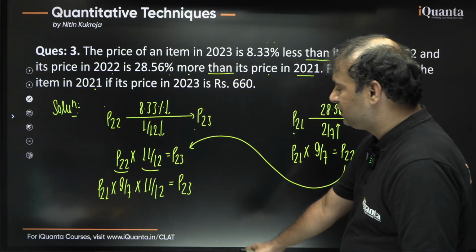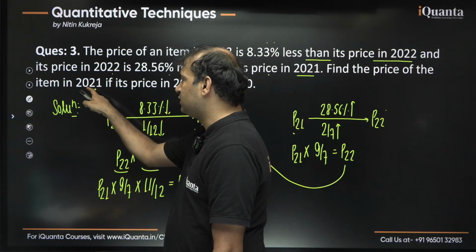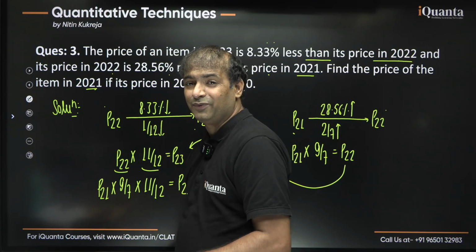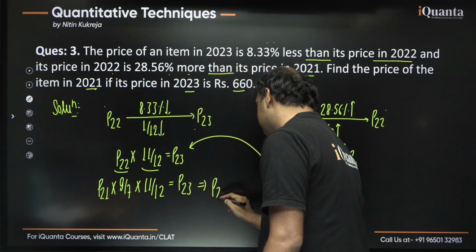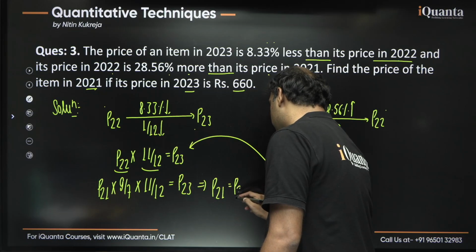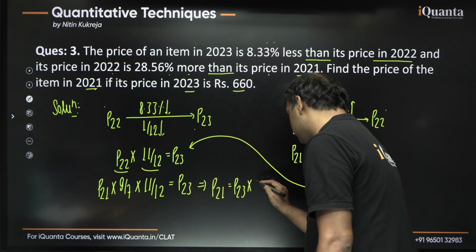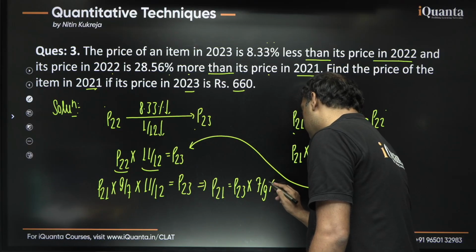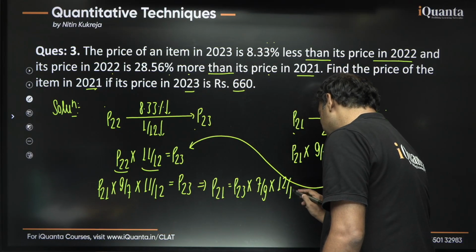We know the price in 2023 is 660, and we have to find the price of 2021, which is in this equation finally. Okay, so we can say what? That price in 21 is equal to price in 23, okay? Now, cross multiplication, 9 by 7 comes here, 7 by 9, right? Okay, 11 by 12 comes here, it's 12 by 11. All right, that's it.